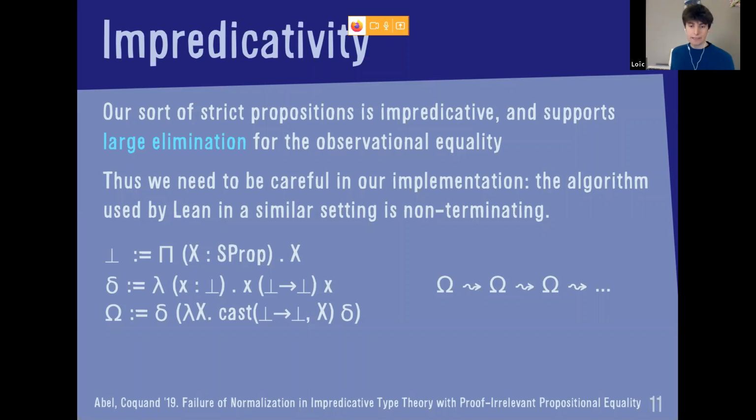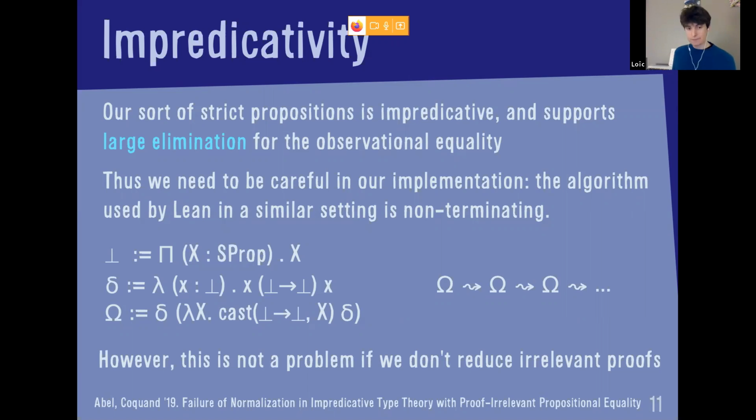So should we be worried? Well, actually we should not, because when we think about it, this bad term is a proof of a strict proposition. So it is not computationally relevant. And thus we have no reason to actually try to normalize this term.